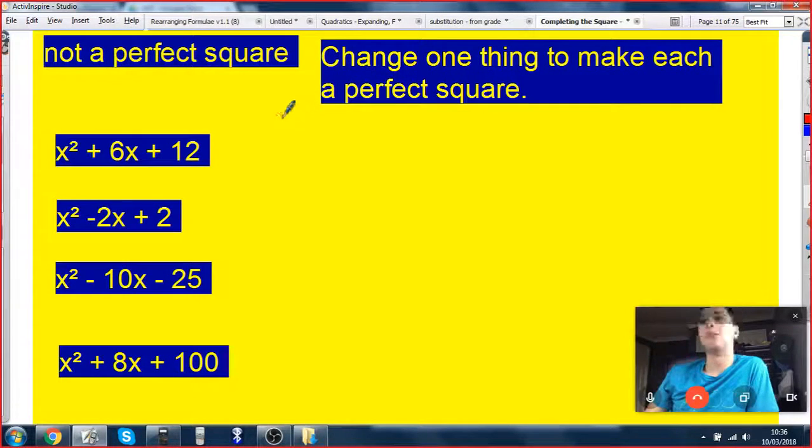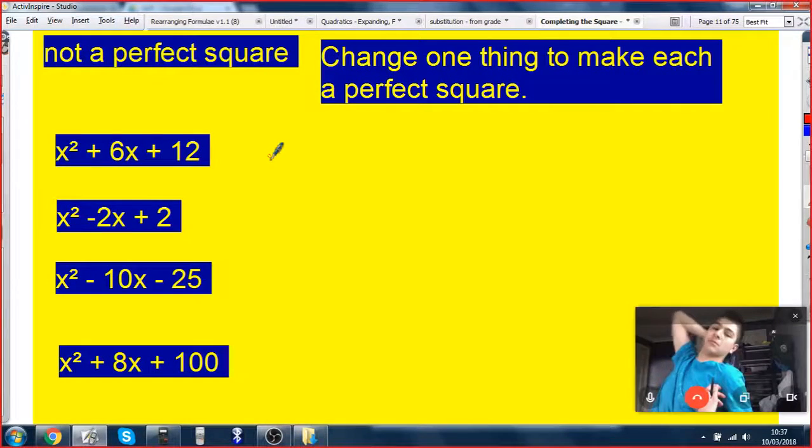So you can change anything. You could change to 12. Could you do x squared plus 6x plus 8? What is half of 6? 3. Yeah. And then square it. 9.